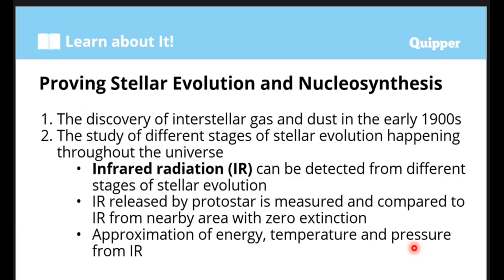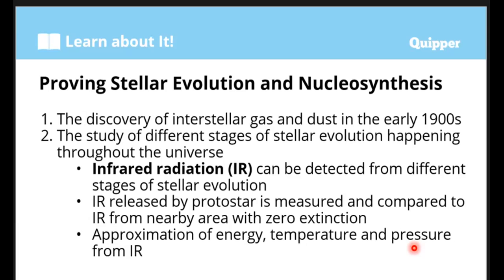The IR released by a protostar is measured and compared to IR from a nearby area with zero extinction, and an approximation of energy, temperature, and pressure is made from the infrared radiation. So these are the evidences that stellar formation is really possible.